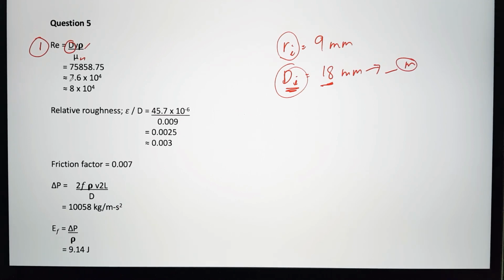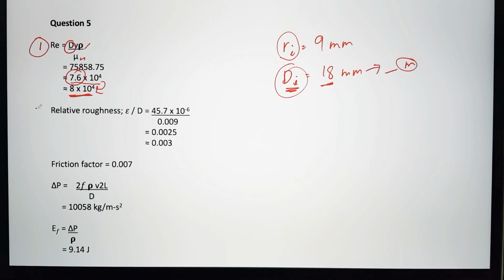And this particular value, when you simplify, it becomes 7.6 times by 10 to the power 4. Okay, and then since this 7.6 can be rounded off to become 8, this particular value is for you to use in order for you to get the intercept value for the value of friction factor.